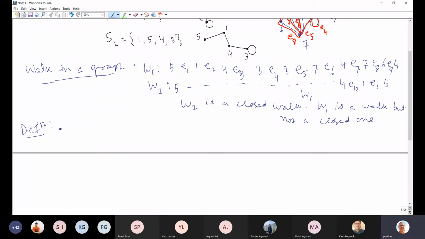Here, for vertices U, V, we define a UV walk. So we start with some vertices. For vertices U, V, we are considering a graph actually. They need not be distinct, not necessarily distinct.